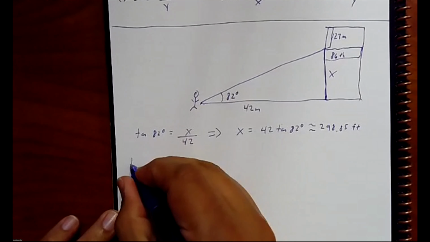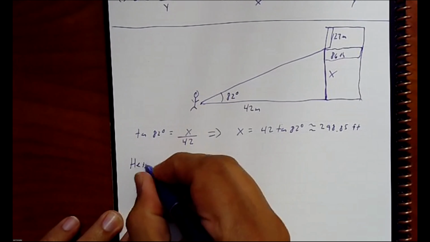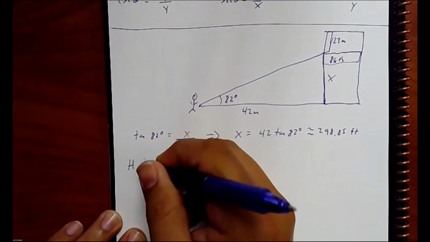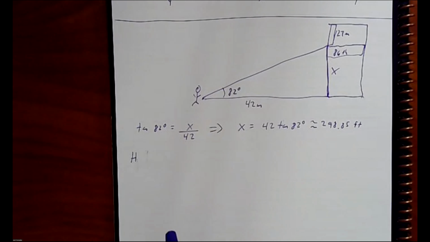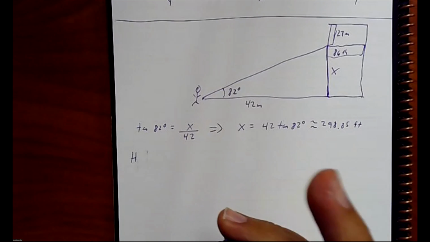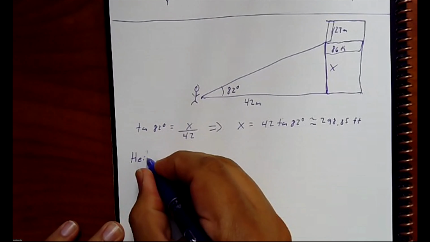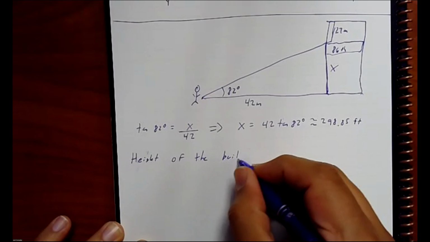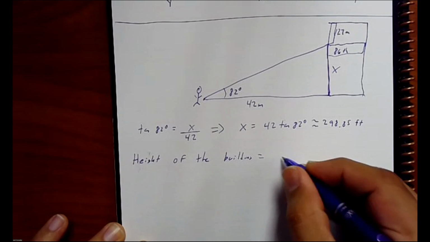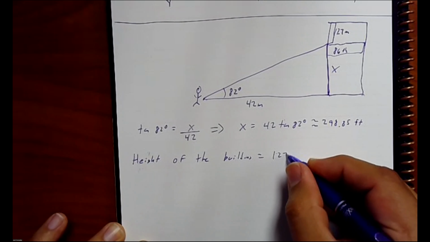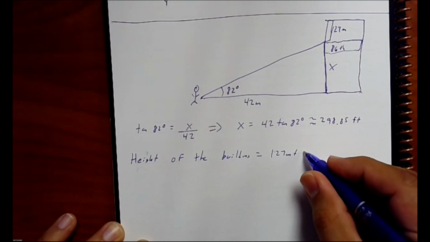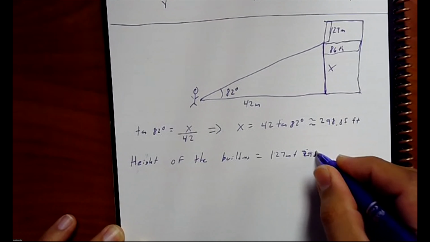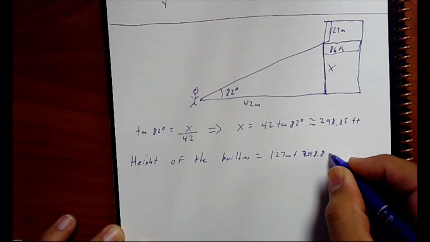Double check here. Yeah. The height of the building is equal to 127 meters plus 298.84, whatever.